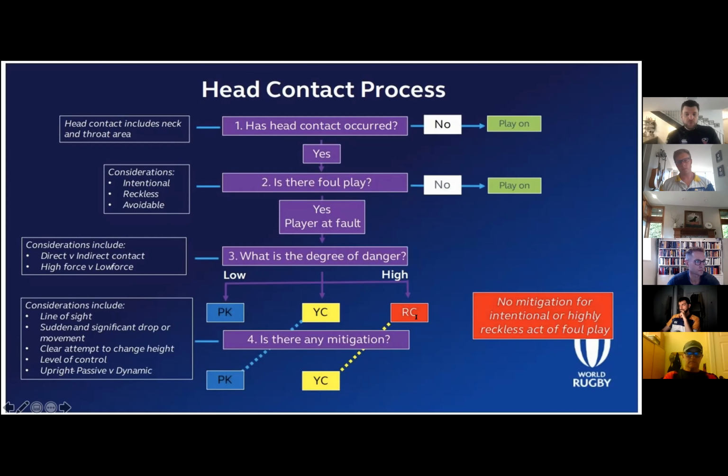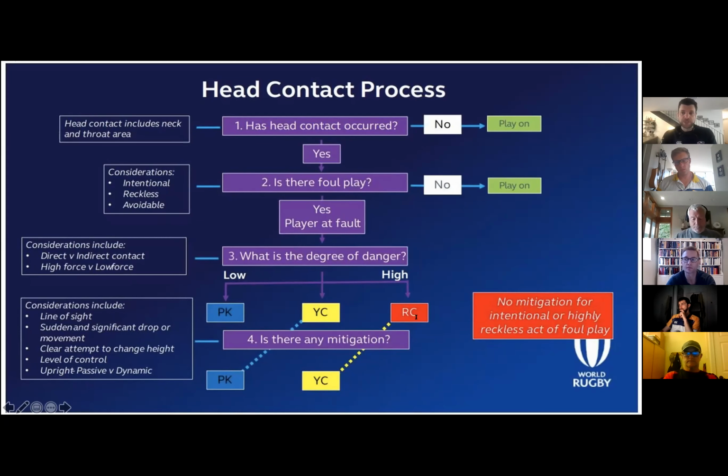So if you look at a particular thing and you think, I think that this act is intentional, you may find yourself moving up from a penalty kick to a yellow card, or from something that you could possibly play on into a penalty kick situation, simply to make a point to a player.